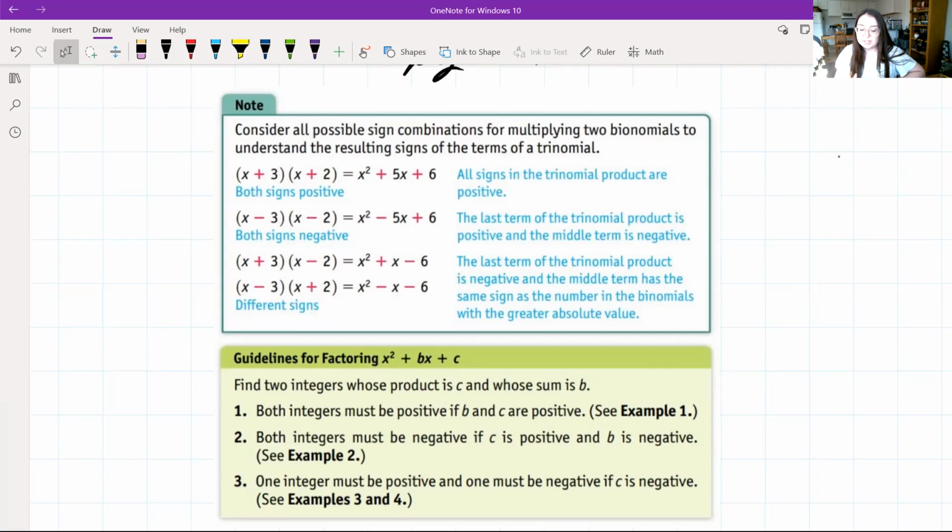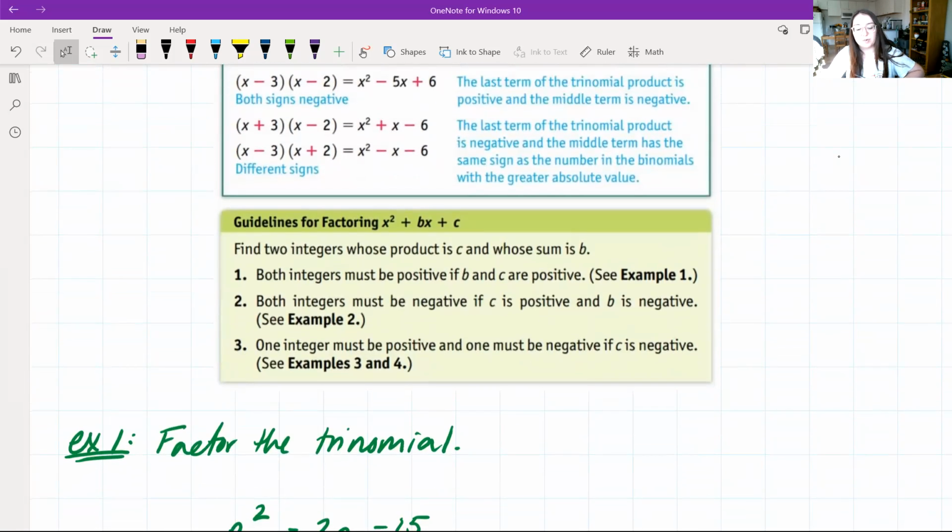So with x squared plus x minus 6, our binomial with addition has to be the number with the greater value. So this would be x plus 3 times x minus 2, whereas with x squared minus x minus 6, the integer with the minus sign has to be of greater value. So this would be x minus 3 times x plus 2.